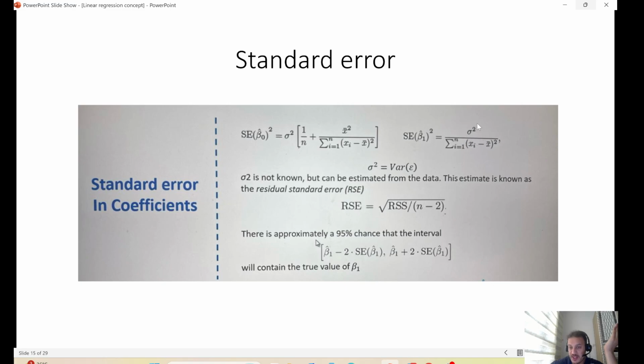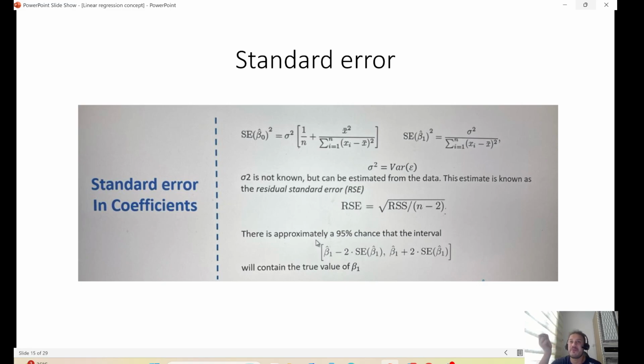So instead of sigma squared, we use the RSE in the equation, and the goal is to calculate the standard error. And what is the standard error? Why do we calculate the standard error? To find the uncertainty. What is the uncertainty that we are looking for?